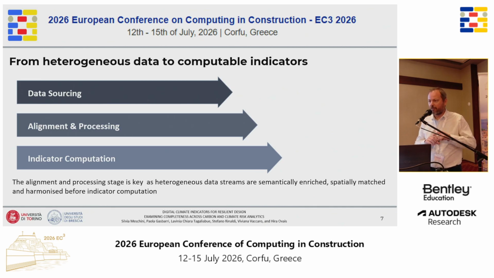The most important part is the alignment and processing layer, the middle layer, whose role is to harmonize the heterogeneous information so that it can be used by the different workflows. The role of this layer is to semantically enrich the information coming from sensors, to spatially match the information, and to harmonize it before the estimation of the indicator.